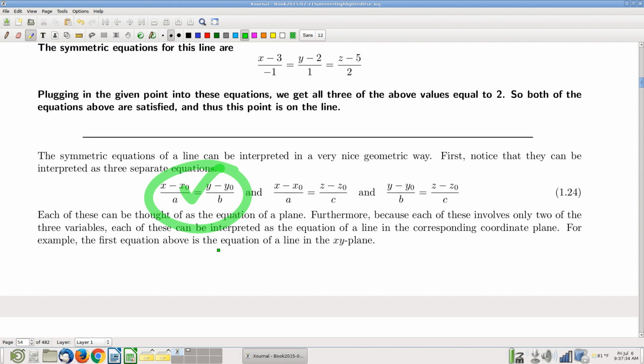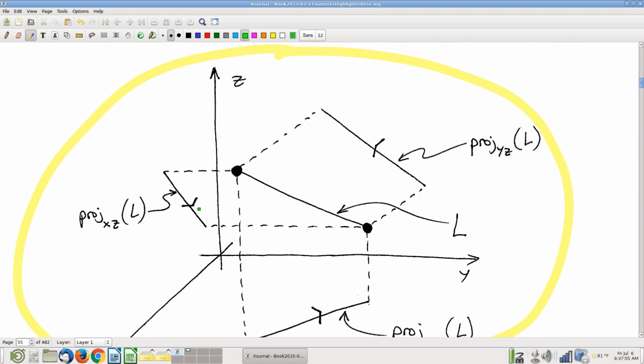Right? So we made a lot of progress. So this one equation, you pick apart one of the equations in the symmetric equations, it's the equation of a plane containing the line. That's pretty cool. There's a last observation I want to make. There's of course lots of different planes that contain the line. If you draw a line, right?